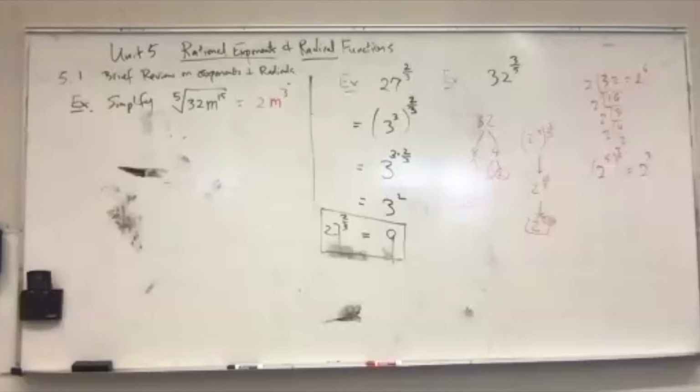So one of the steps. But that 15 only applies to m, not to 2. So this is where m to the 15 over 5. But, so you're saying the fifth root of 32 gives you 2.